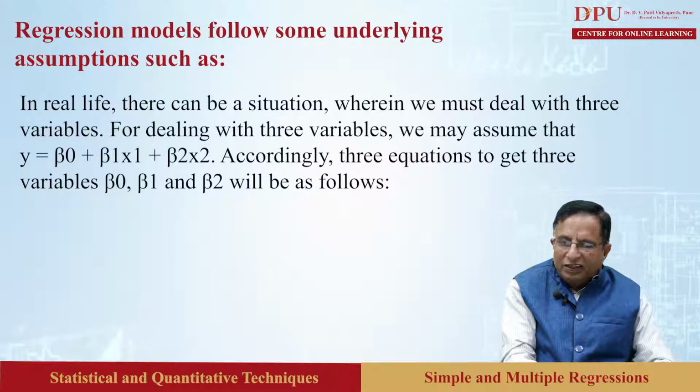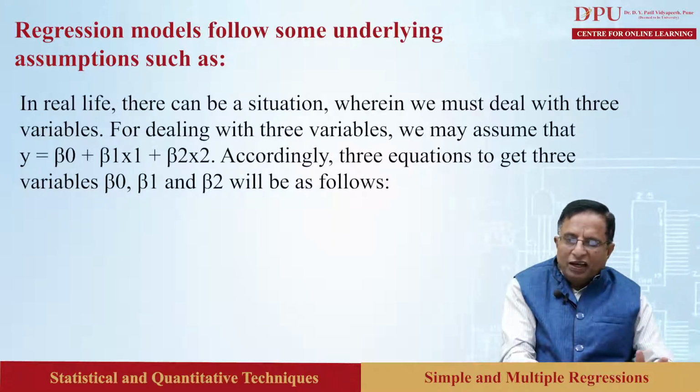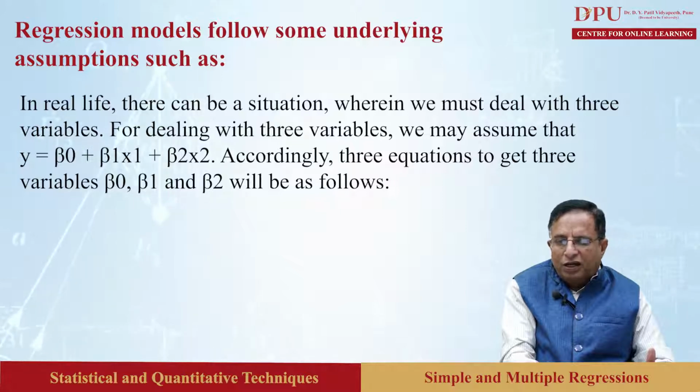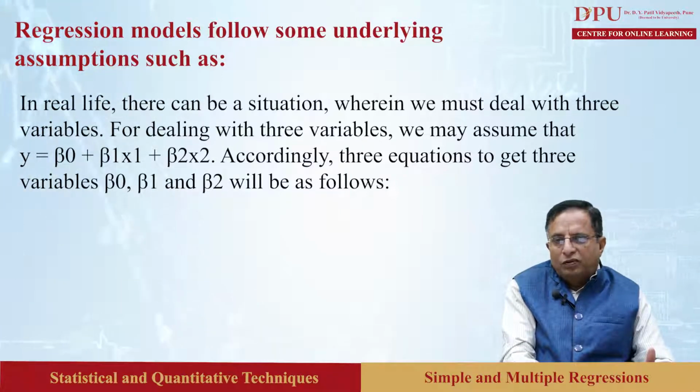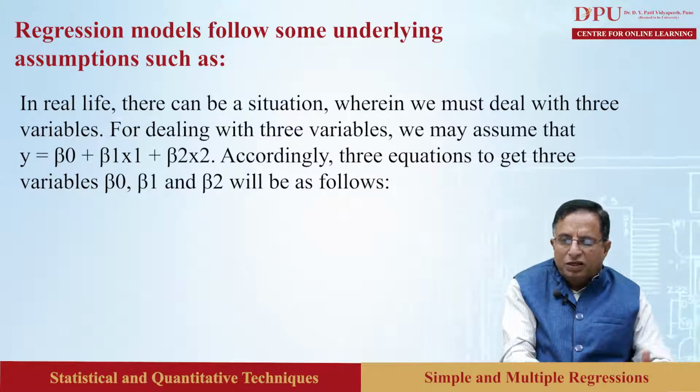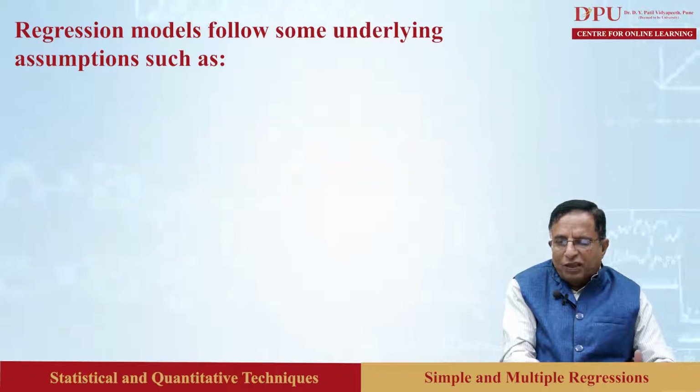In real life, there can be a situation wherein we must deal with three variables. For dealing with three variables, we may assume that y is equal to beta naught plus beta 1 x1 plus beta 2 x2. Accordingly, the three equations to get the three unknowns beta naught, beta 1, beta 2 will be as follows.